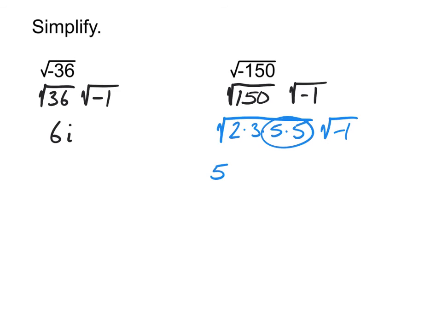And so then that would be 5 times the square root of 2 times 3 times the square root of negative 1. But if you had done it by the biggest perfect square method, then you would have said, well, the biggest perfect square that goes into 150 is 25. And so then you would have written it as root 25 times root 6, which you'll notice would give us the same thing here of 5 root 6 for our square root of 150.